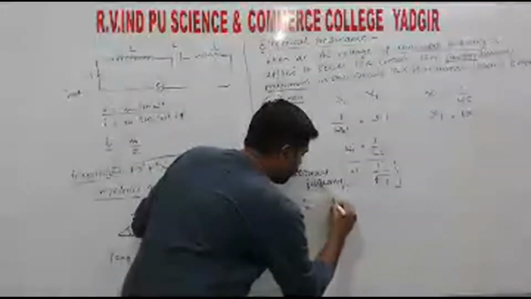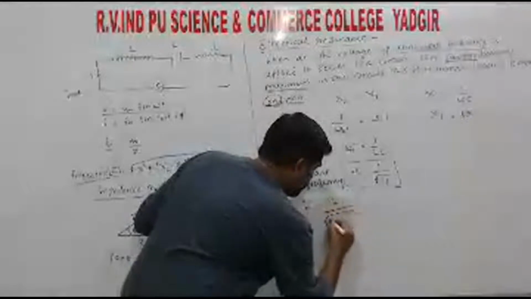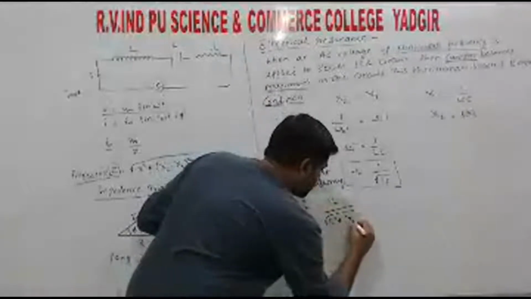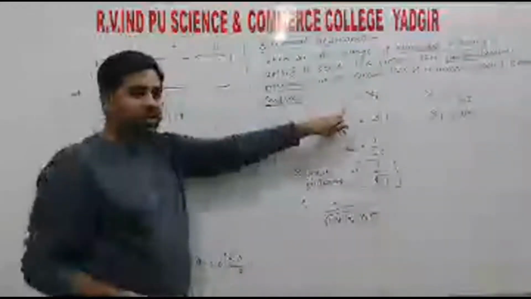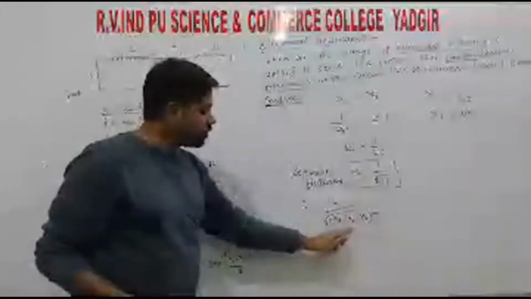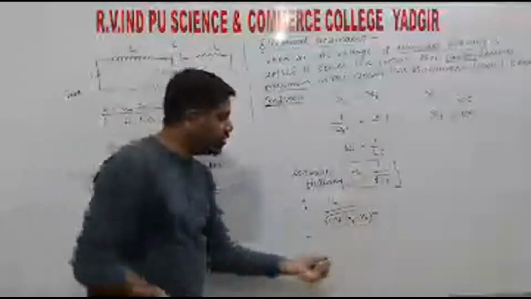First do the practice. Im is equal to Vm divided by under square root of R square plus Xc minus XL whole square. So the condition is Xc equals XL. So substitute here Xc equals XL, so this term becomes 0.